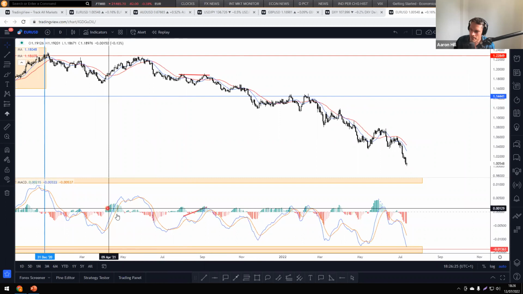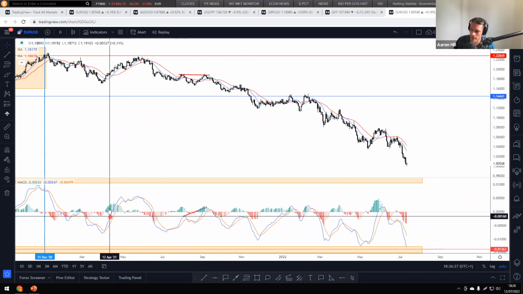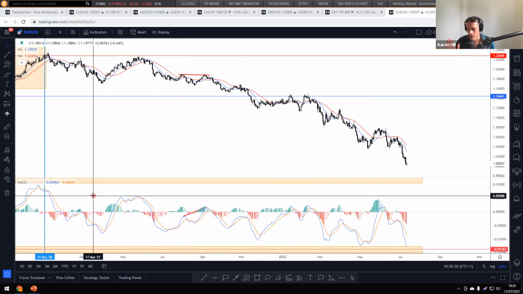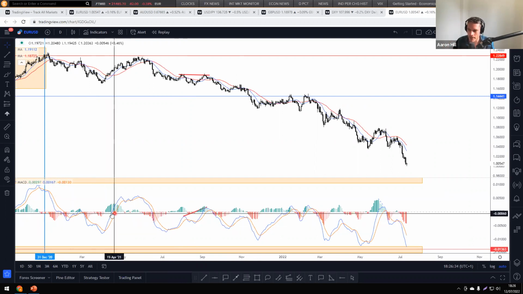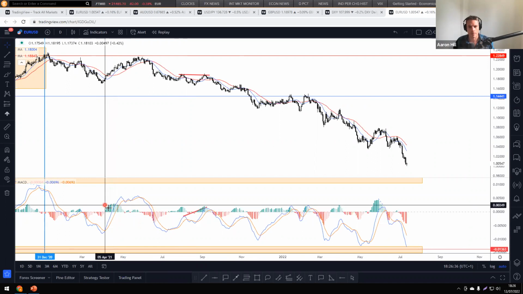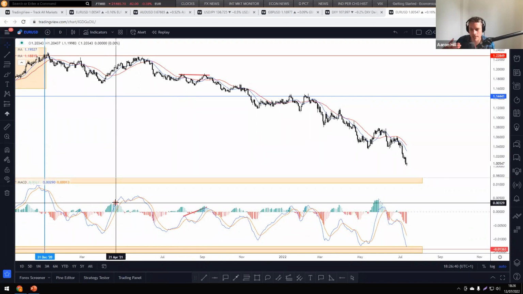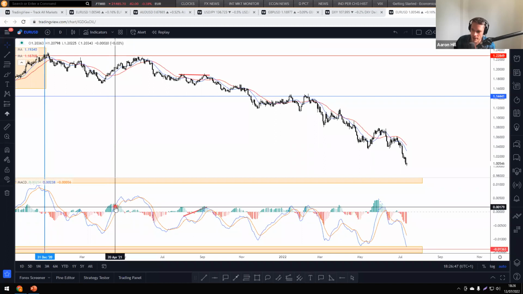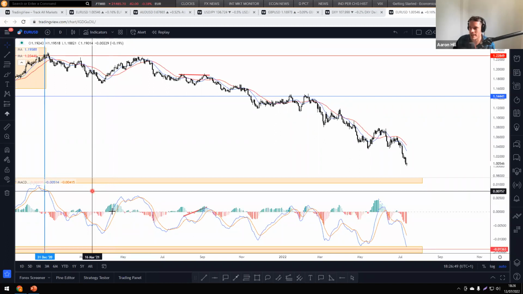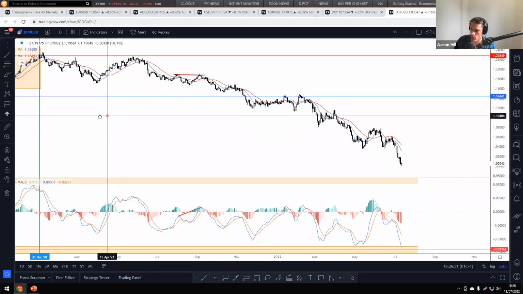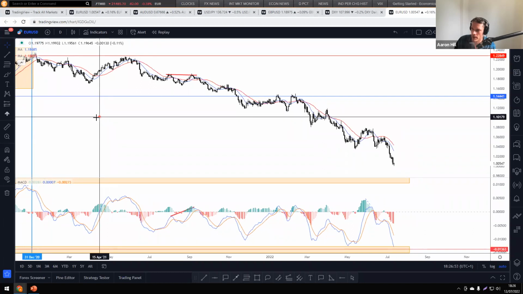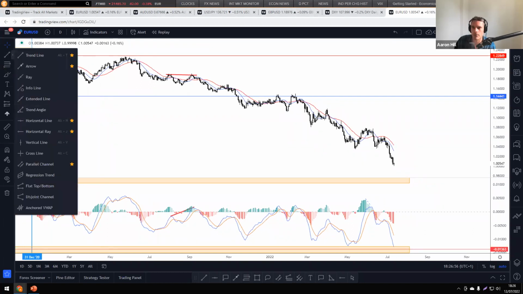So here we have the MACD line crossing from above the 0 line. Remember, the blue line is calculated via the 26-day EMA minus the 12-day EMA, and you can see them on the chart. Give me a second, guys.